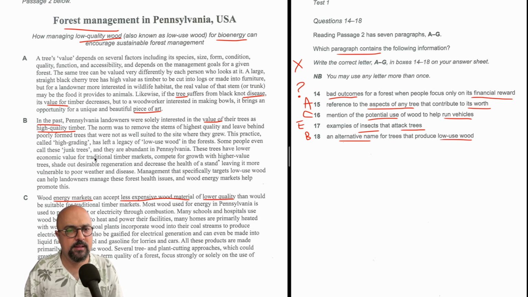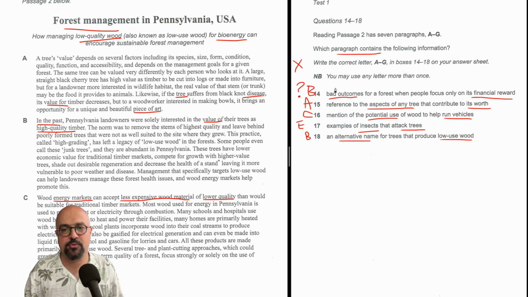I can see economic value for additional and for growth with higher shade out desirable regeneration and decrease the health of the stand, leaving it more vulnerable to poor weather and disease. So bad outcomes for a forest, leaving it more vulnerable. Vulnerable means easily affected. So that could be a possible answer. Even though I'm not really sure about this, I'm going to write B.